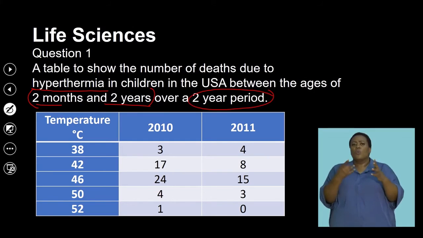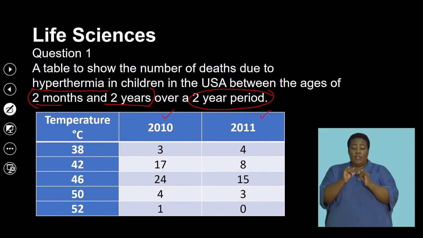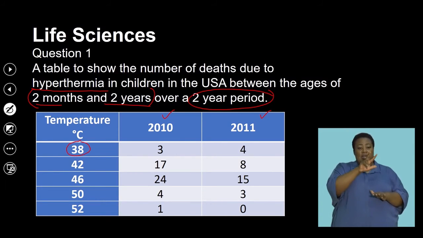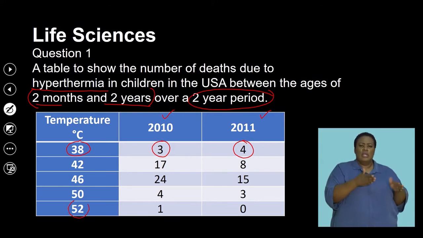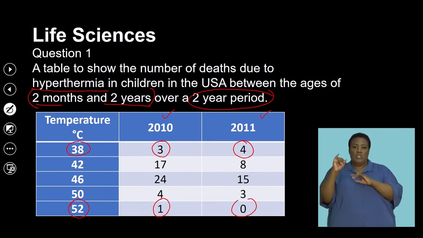It shows you that it was done in the year 2010 and the year 2011, and it shows you the number of children that died at 38 degrees Celsius were 3 in 2010 and 4 in 2011, and so on. And the number of kids that died when the temperature was 52 was 1 in the year 2010 and 0 in the year 2011.